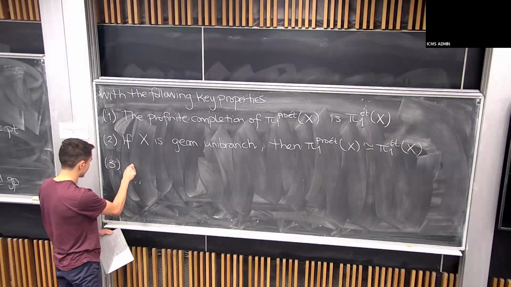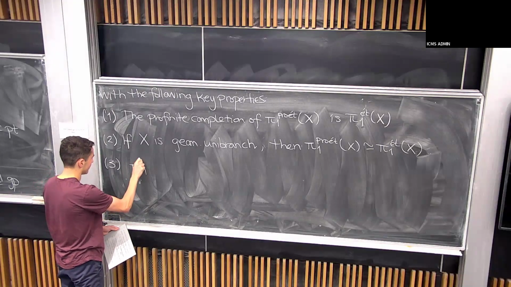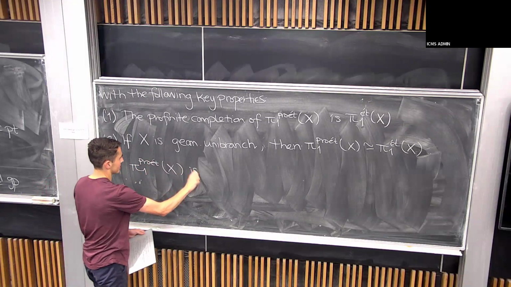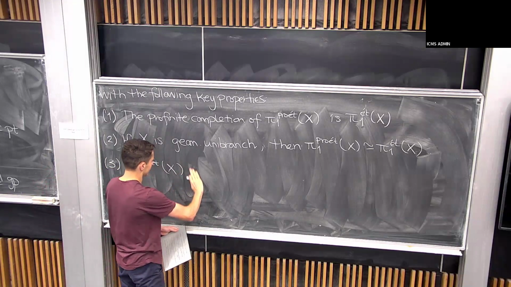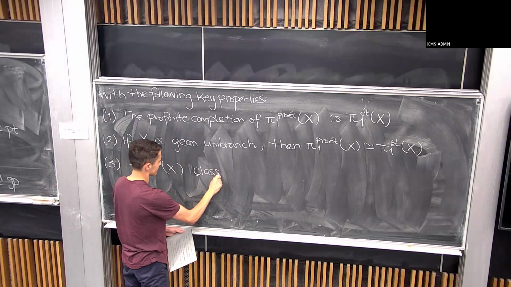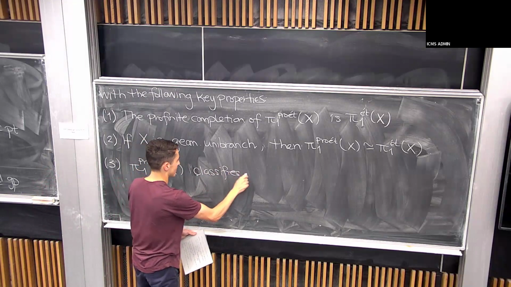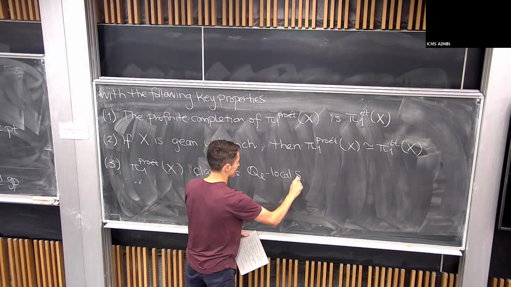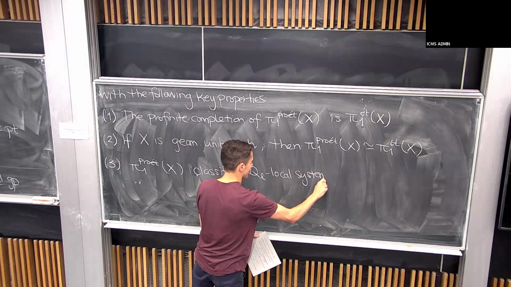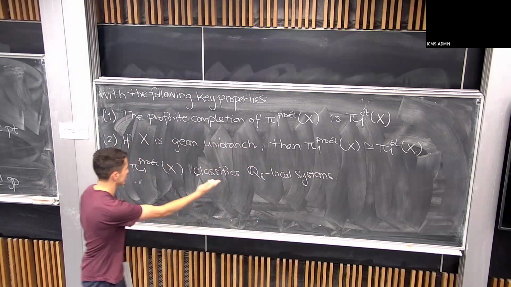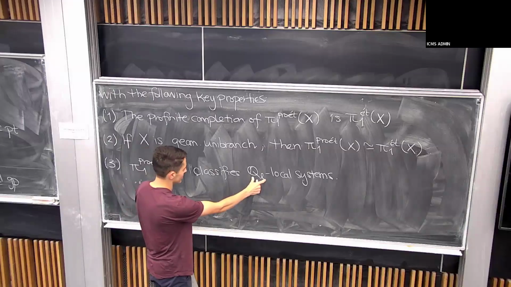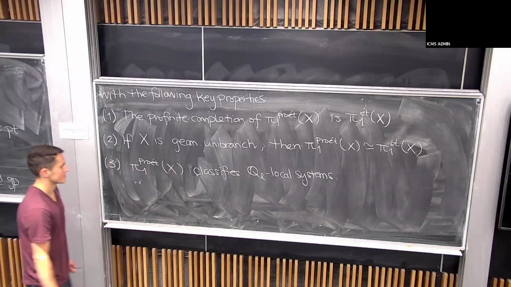But the nice thing about this Pro-Étale guy is it always classifies QL local systems. So QL local systems are really representations of this now topological group. And here you should use the topology on the L-adic rationals.